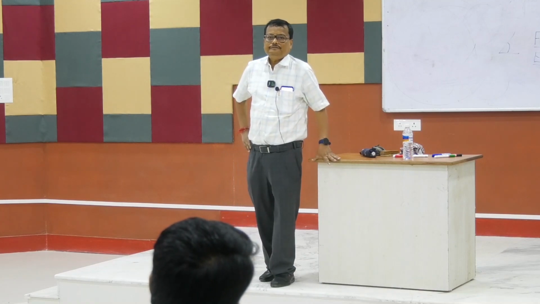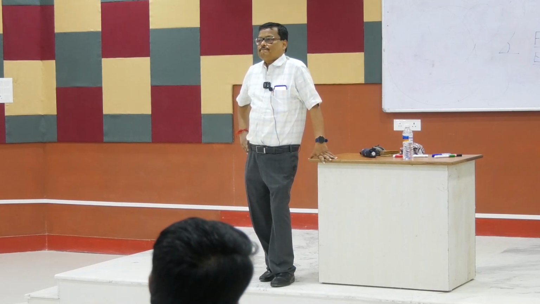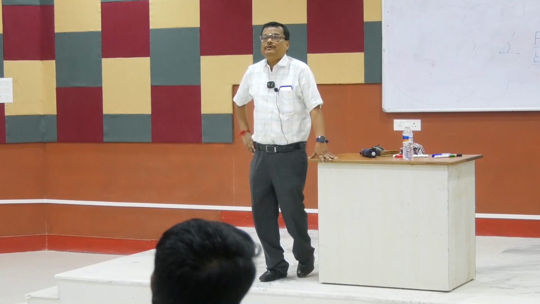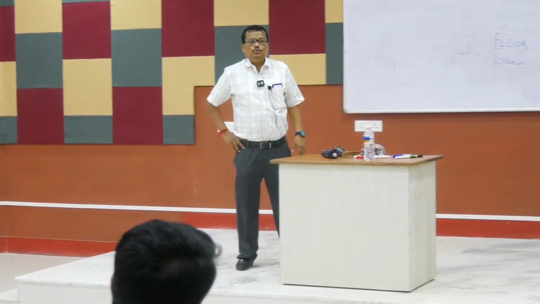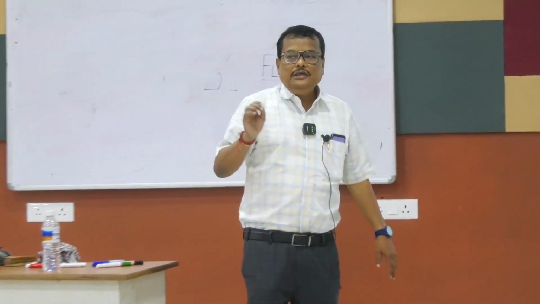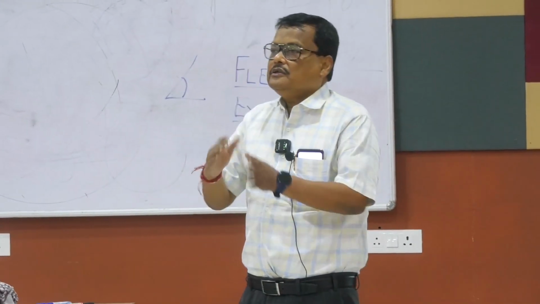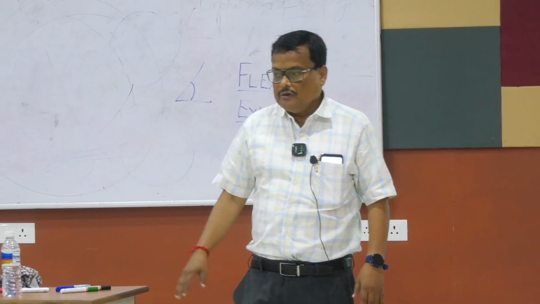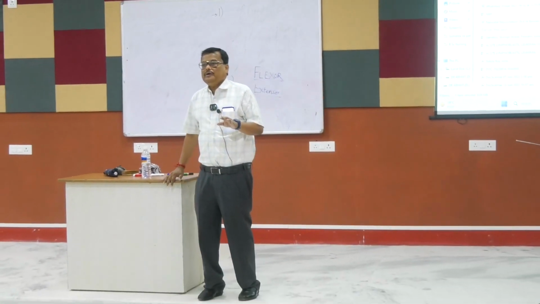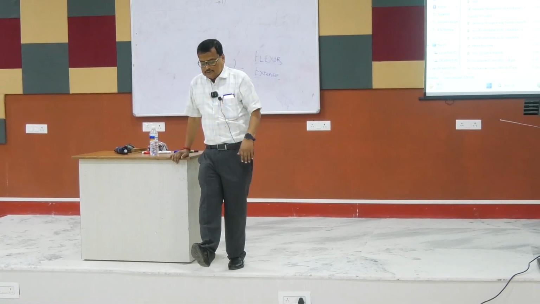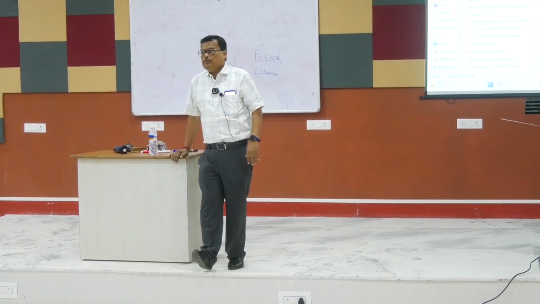Then what will happen? We will call both of them flexor, there will be no extensor here. In case of an ankle joint, both these movements are flexion. We call it so, and in case of a lower limb, when any movement goes towards the earth, or the down surface, we call it plantar.